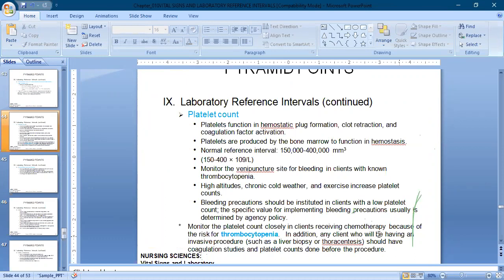So if a patient has to go for any kind of procedure like thoracentesis or any major surgical procedure, we have to check the blood panel. We have to check the platelet count because of bleeding disorders. If a patient has a bleeding disorder, we definitely have to prepare before any kind of surgery.